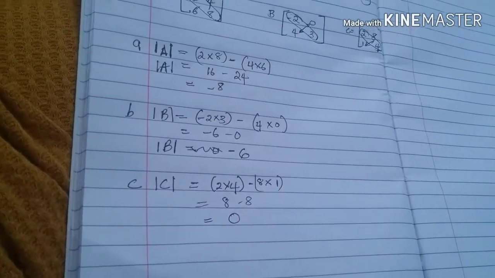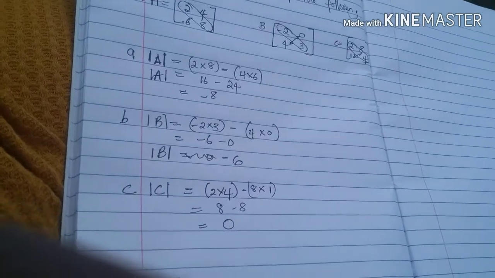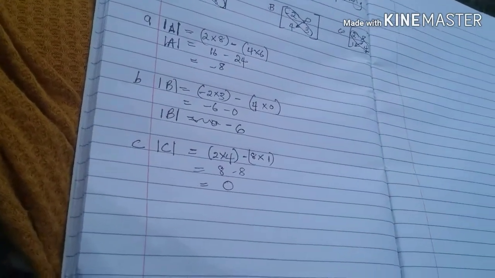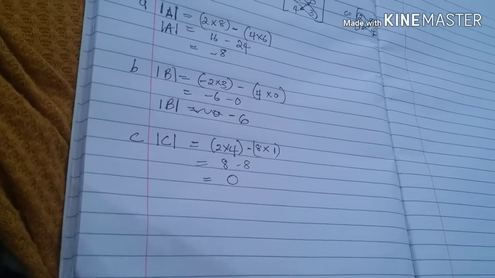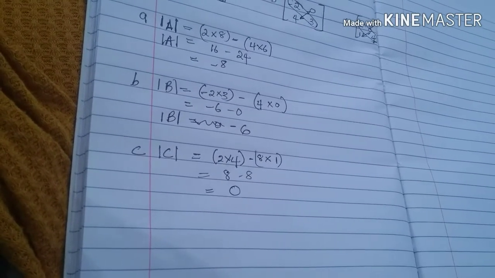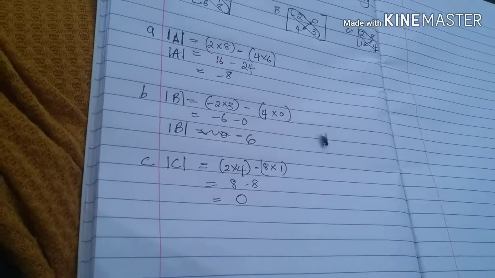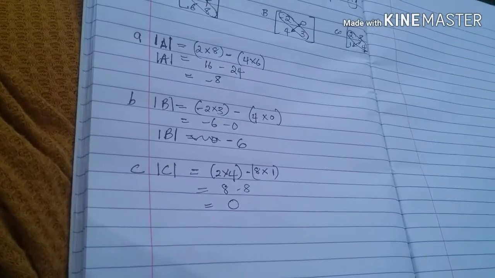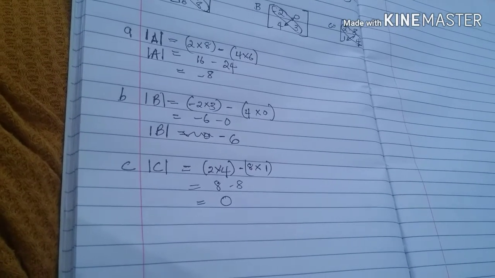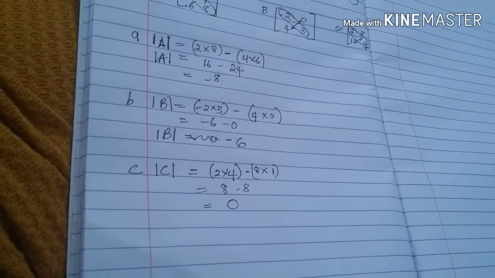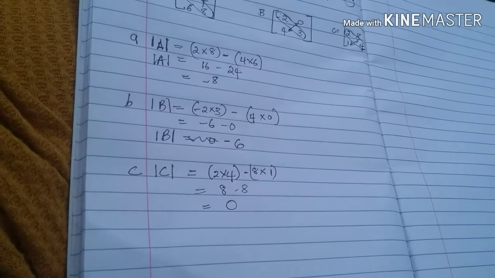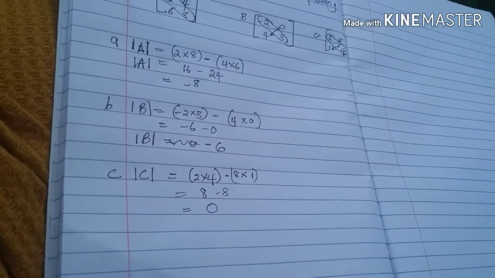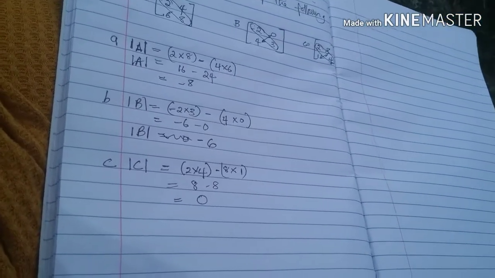A point to note, once we have a matrix that has a determinant of 0, it means we can't find an inverse for that matrix. It is called what we refer to as a singular matrix. So we derive a singular matrix when the determinant of that matrix is 0.